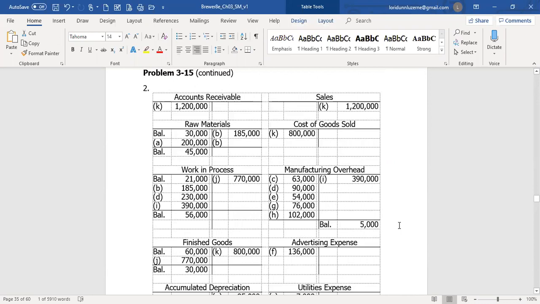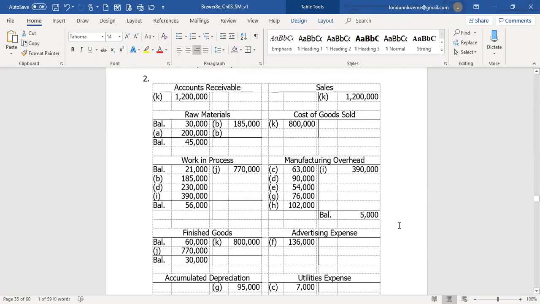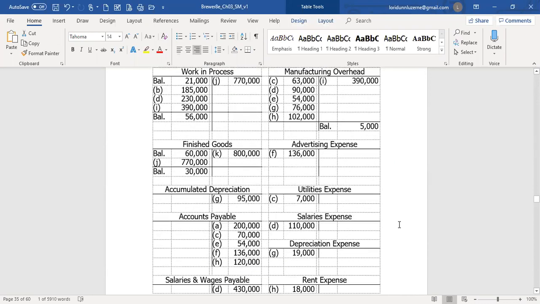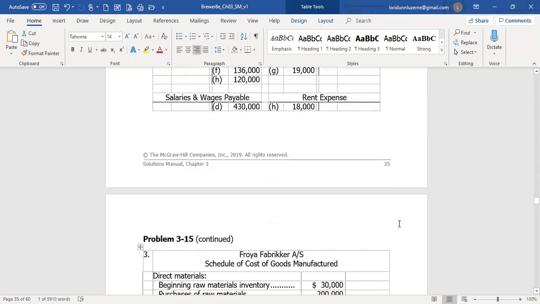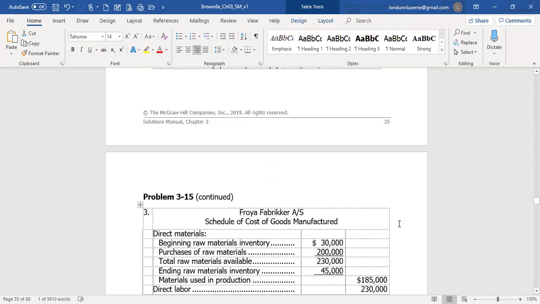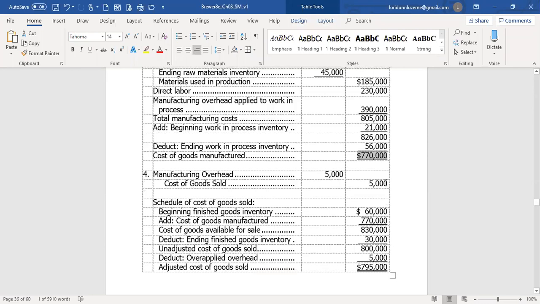So we have to debit it, debit the manufacturing overhead, the offset is increased, the cost of goods sold. So the manufacturing overhead account will have a zero balance, and it has to. So we collect all the manufacturing overhead actual costs in the debit. We apply and credit that account based on our predetermined overhead rate, in this case, $400 per hour.